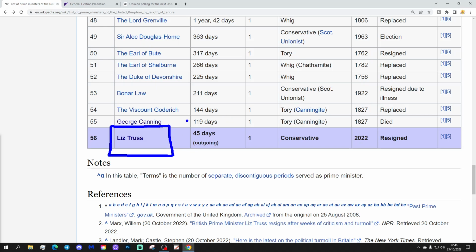George Canning at 119 days, his record lasted for 195 years. And who knows? But I would be very, very surprised if there's a Prime Minister that ever has a shorter run than Elizabeth Truss. So, extraordinary, absolutely extraordinary and historic times.